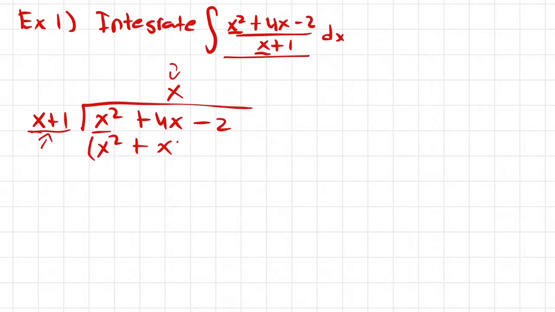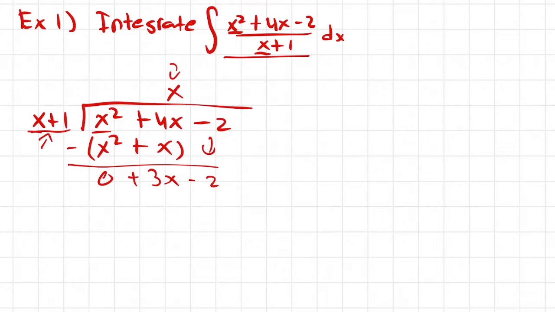But now we need to subtract this from our original dividend. So x squared minus x squared gives me 0, and 4x minus x gives me positive 3x. Then we bring down the negative 2.